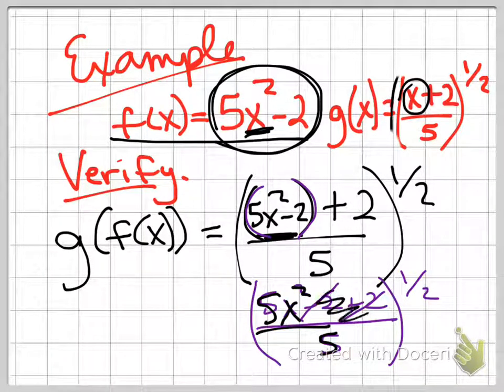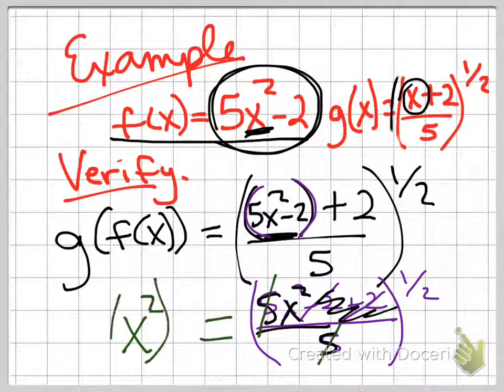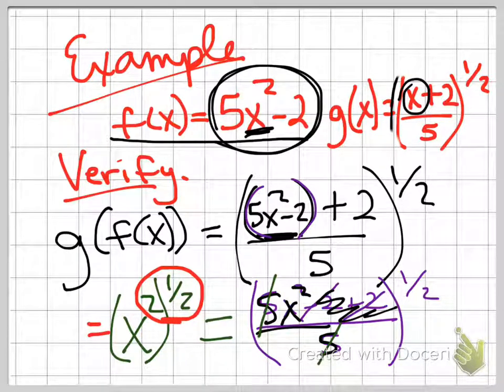The 2's are gone, remember. So what happens if I divide 5 by 5? 5 divided by 5 cancels. And now what I have is x squared to the 1/2 power. Now when you have power to a power, we multiply these two powers. So 2 times 1/2 just gives me 1. So x to the first power is just x.